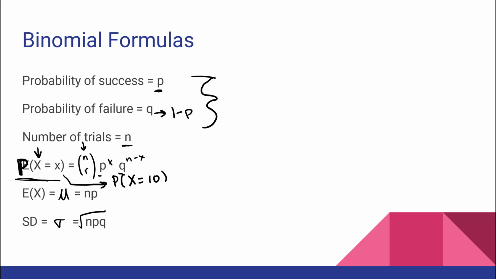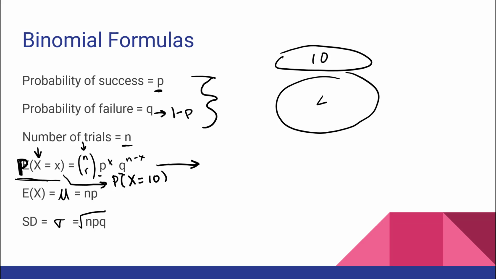Breaking this down into something that's not just letters and numbers, going back to our blood testing example, if we want to know the probability that 10 people have type O blood out of the 50 people, then putting that out, if we have a group of 10 here that all have type O blood, that means that the remaining group of 40 has not type O blood.